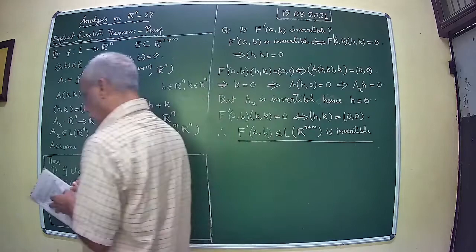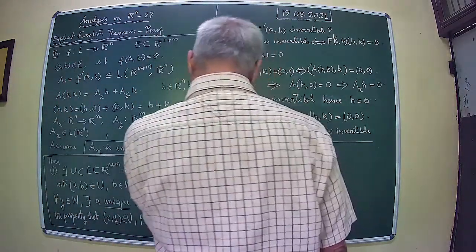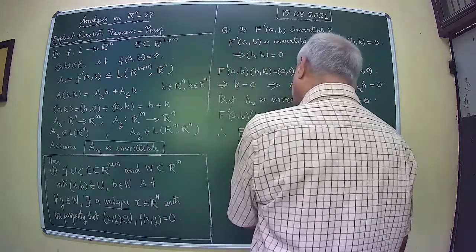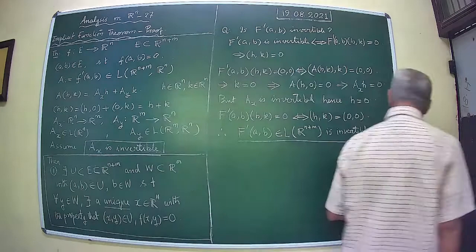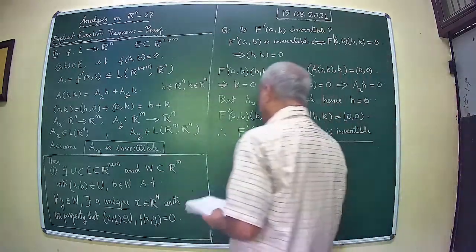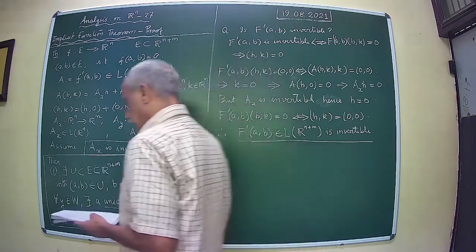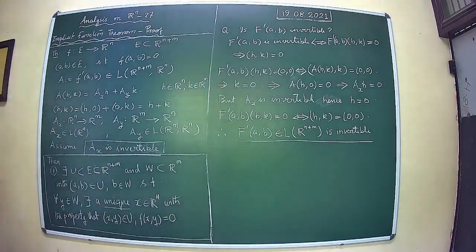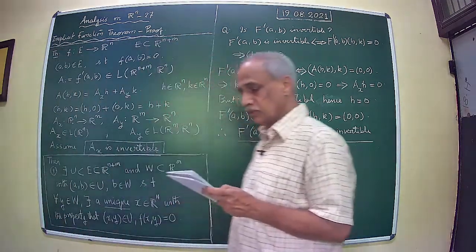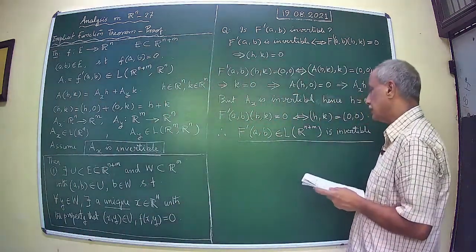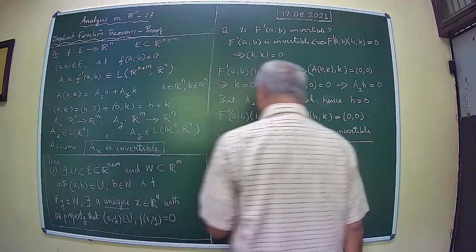Okay. Now what is the implication of this? Now look at f dash AB is not equal to 0. What does it tell you about the function F? Okay. So this is f dash AB is 1 to 1.